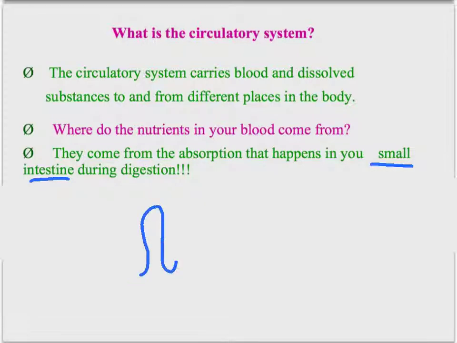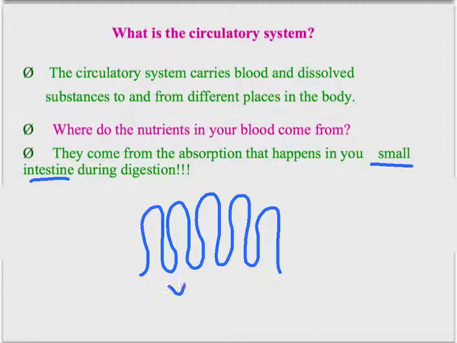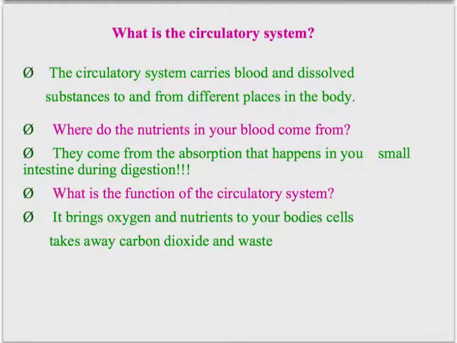And remember, the villi were those little finger-shaped things that lined your small intestine, and it's where nutrients get absorbed. The last thing we need to talk about is the function. The function of the circulatory system is bringing oxygen and nutrients to your body cells, and then taking away all the waste that your body makes through things like cellular respiration.